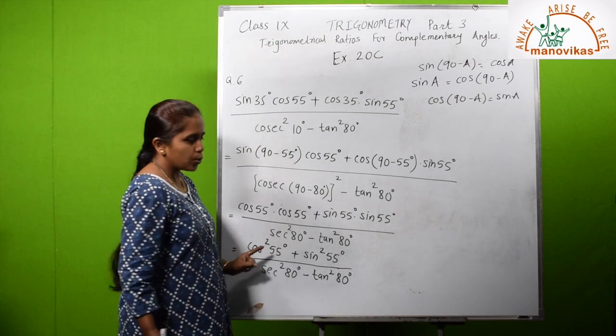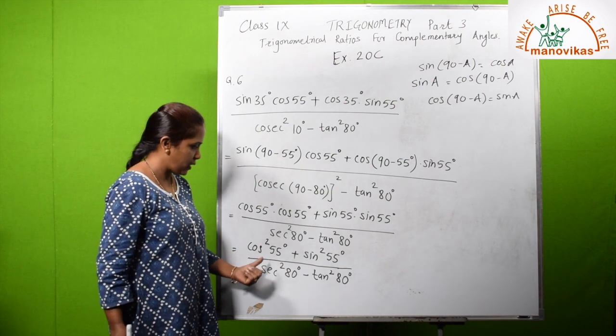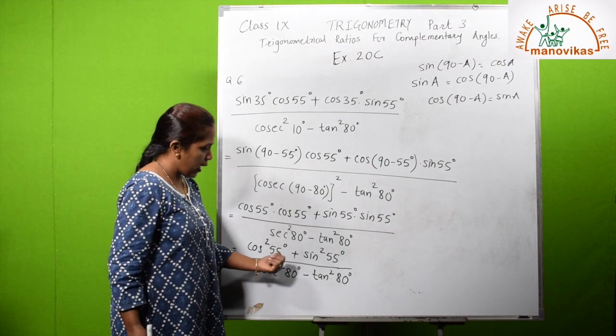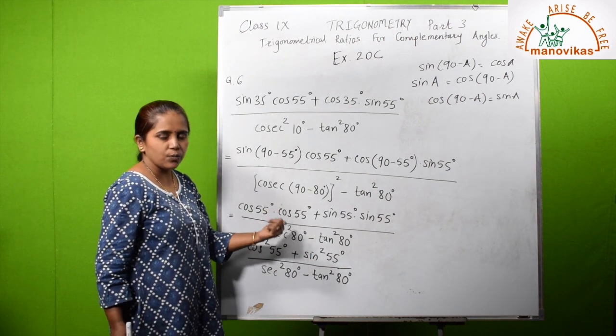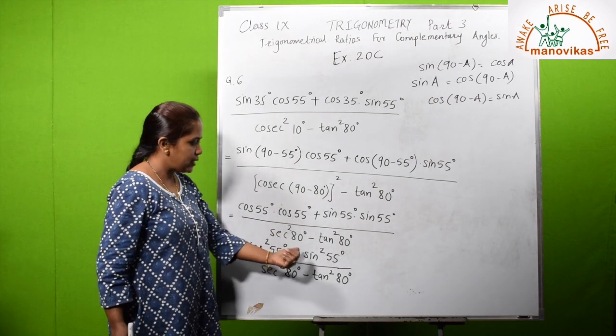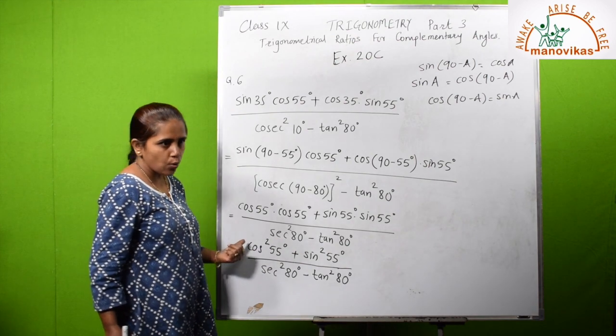Now squares are there, so we have to use the square relation to simplify this. Cos square A plus sine square A. What is the square relation between sine and cos? That is sine square A plus cos square A is equal to 1.